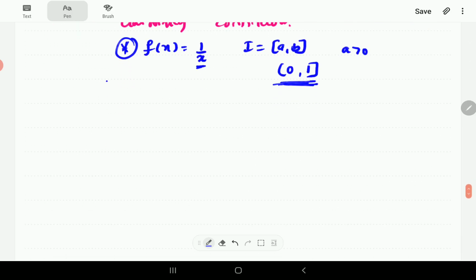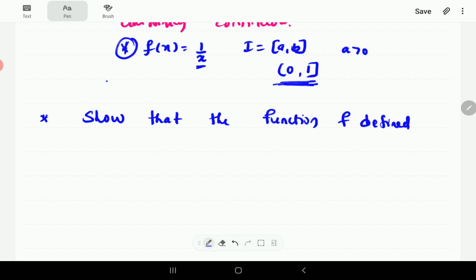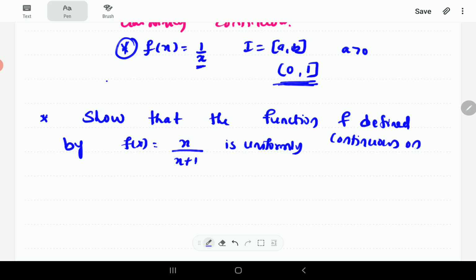Now let me take one quick example to check whether the given function is uniformly continuous or not. So let us see here. Show that the function f defined by f of x equal to x upon x plus 1 is uniformly continuous on the closed interval, say 0 to 2.